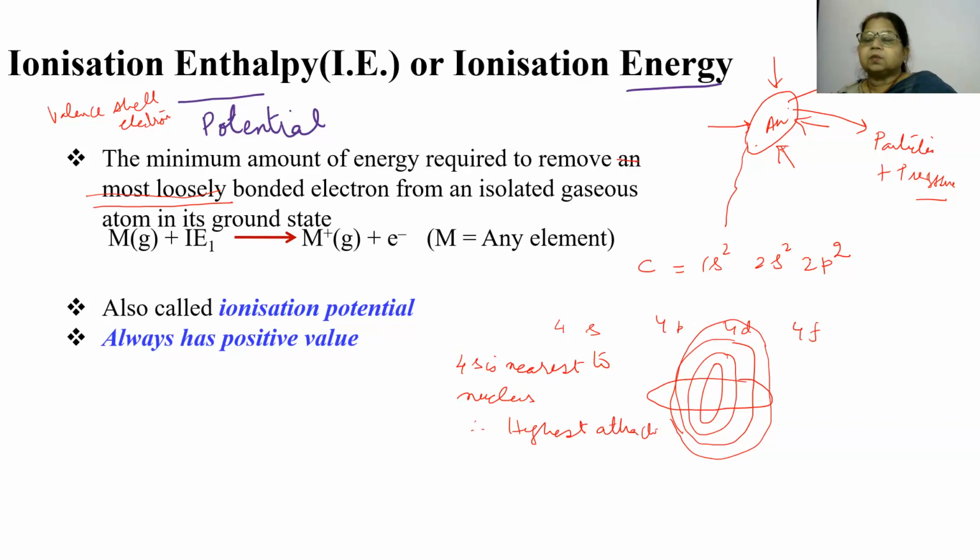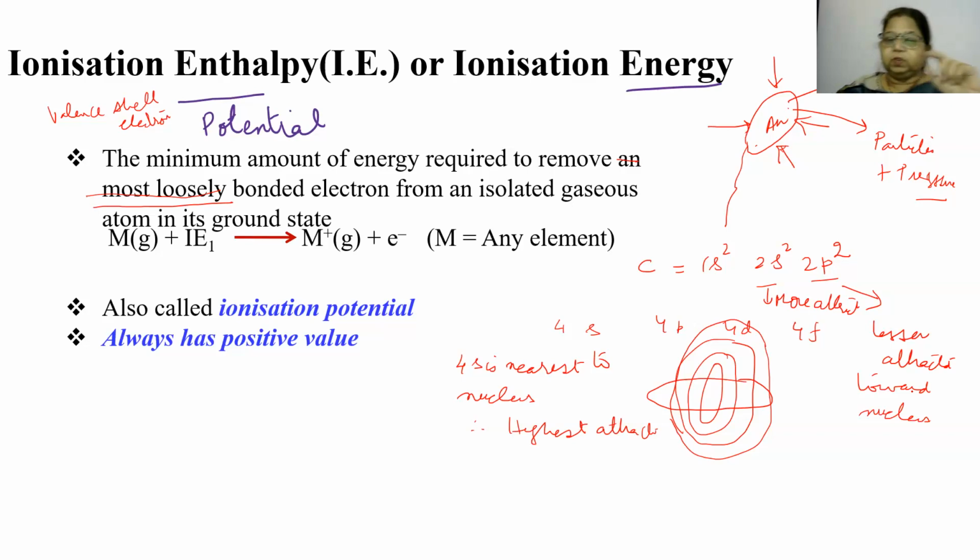So that means between 2s and 2p electrons, the 2p electron will be at a greater distance and will be less attracted, if I can use that term. And this will be more attracted towards the nucleus.